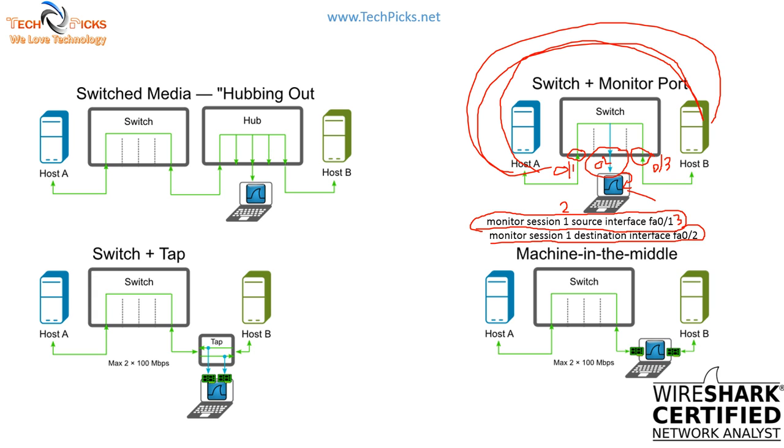Now, the next way you can do that is the machine in the middle scenario. Sounds like a man in the middle attack in networking, which is not a good thing to have, but machine in the middle is basically like that. So what's going on is you have host A and host B communicating with each other through the switch, and we get a machine with two interfaces.